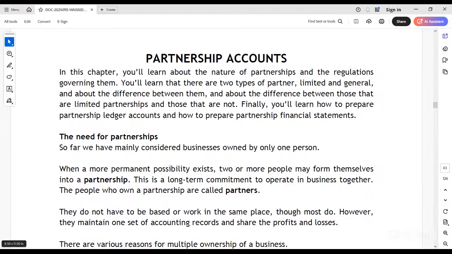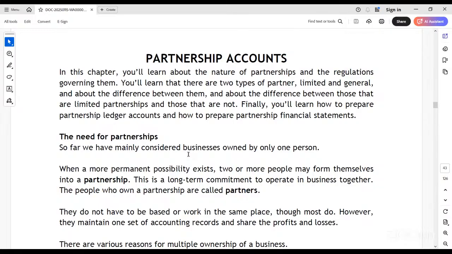The business is not owned by one person; we have different partners. When a more permanent arrangement is needed, two or more people may form themselves into a partnership. This is a long-term commitment to operate in business together. These people who own a partnership are called partners.